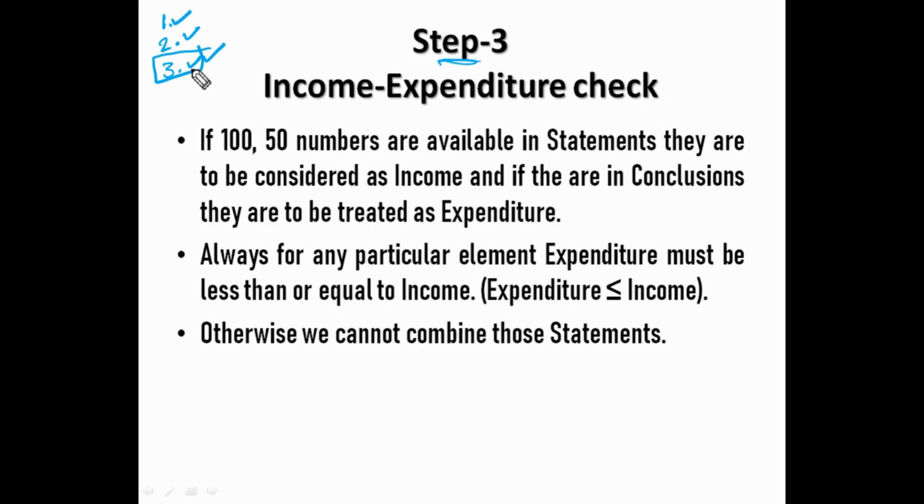So what is this income and what is this expenditure? Suppose there are statements 1, 2, 3, and some conclusions, conclusion 1, 2, 3. The values which are mentioned in the statements, we have to consider them as income. And the same values, whatever is mentioned in the conclusions, we have to consider them as expenditure.